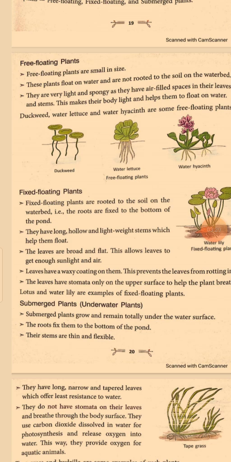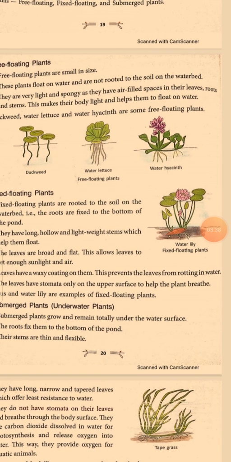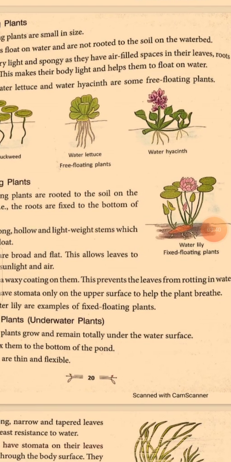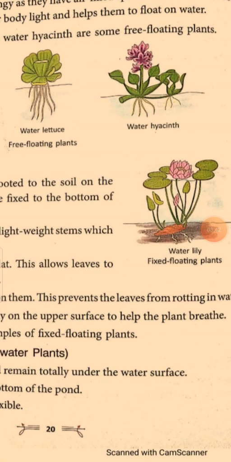Second line, they have long, hollow and light weighted stem. Now look at the structure of the plant, look at the stem. They are long, you can see them. They are hollow, which means the stems are not filled with any material inside, they have space, empty from inside.